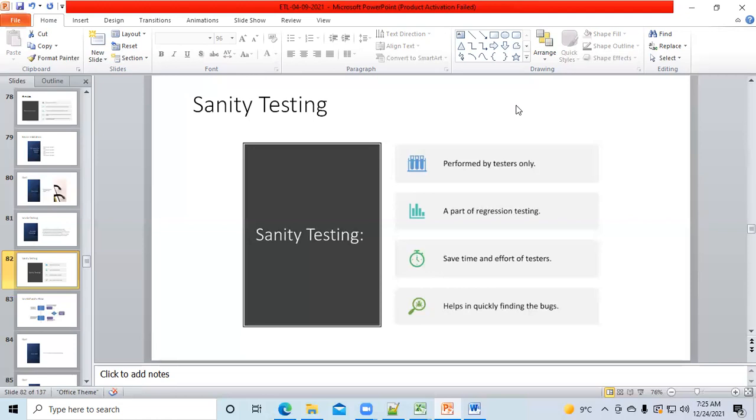But you should check which functionalities are related to D. Maybe functionality C is related to D, and functionality A and B are nowhere related to D. Then there is no need to test A and B again. You should test functionality C and D again.